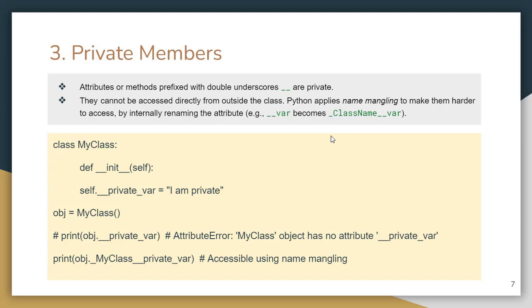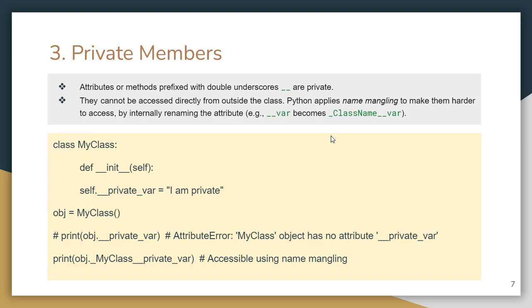If I print obj.__private_var, that is, I am accessing the private variable outside the class using the object, it shows an error, called AttributeError: MyClass object has no attribute __private_var.